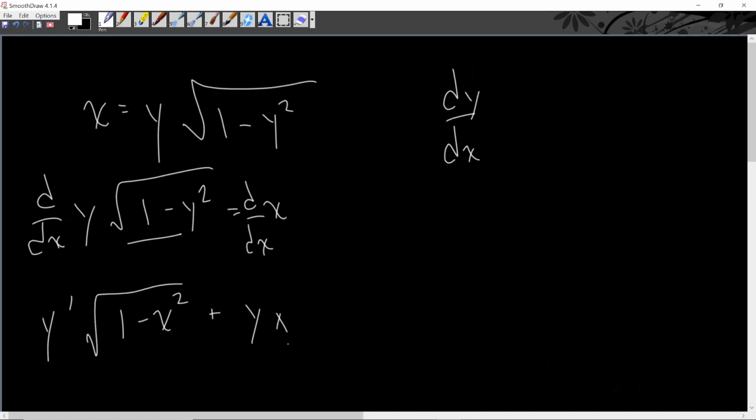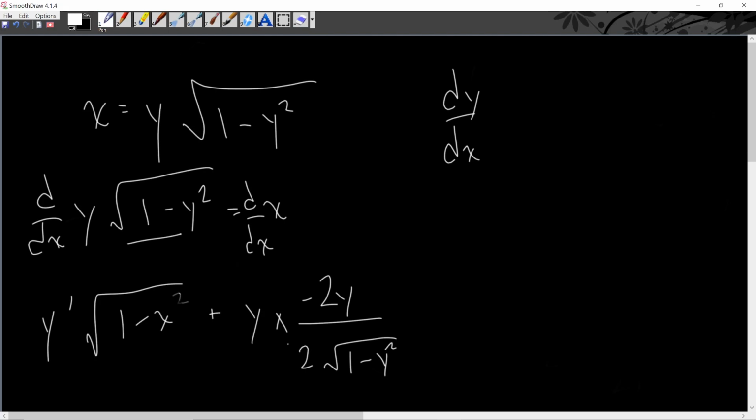That will be negative 2y all over 2 root 1 minus y squared. And I put an x there because I don't know why.